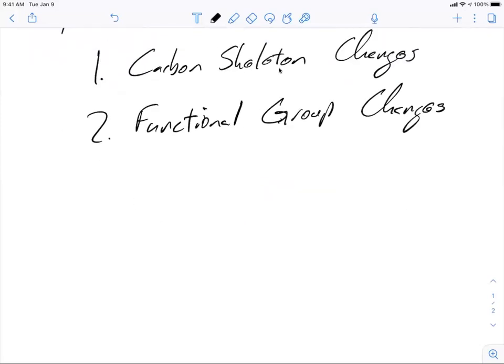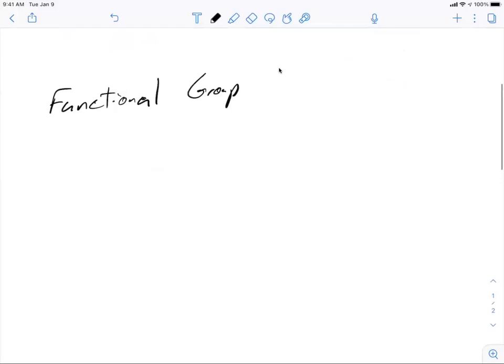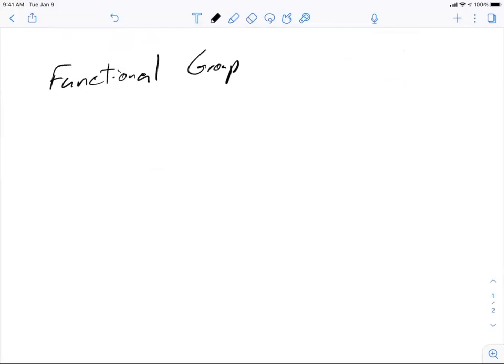When we look at functional group changes, one thing that's very helpful to do, and our textbook can actually help you with this, is that at the end of each chapter the textbook has information on all of the reactions.